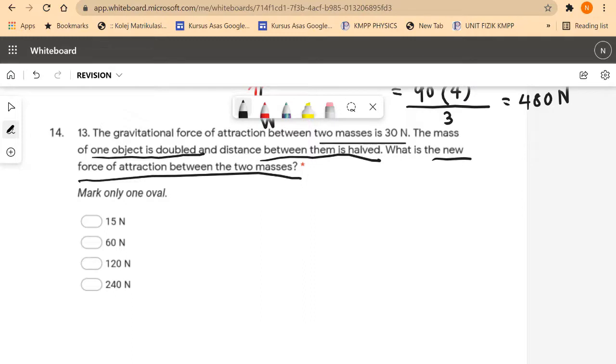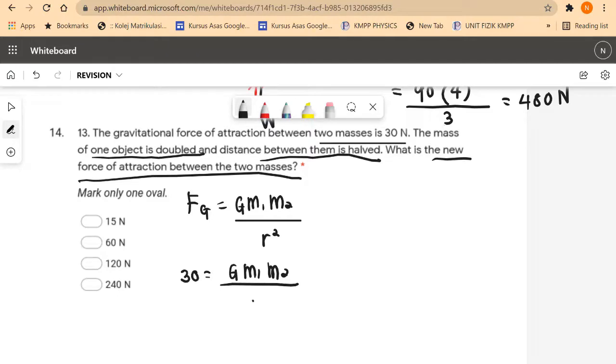So gravitational force is given by Fg equals G m1 m2 over distance squared. The gravitational force is 30, where m1, m2, and the distance between them are unknown.